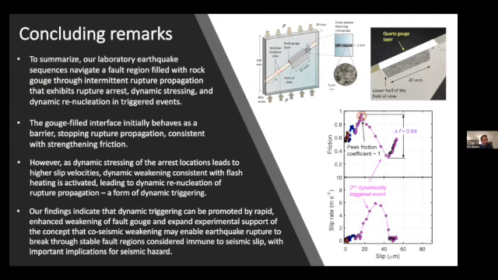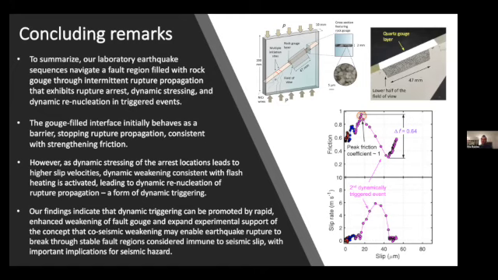So I guess I can wrap up, to leave time for some questions. To summarize this last part of the talk, I'd like to point out that these laboratory ruptures in gouge propagate in a fashion of intermittent propagations.